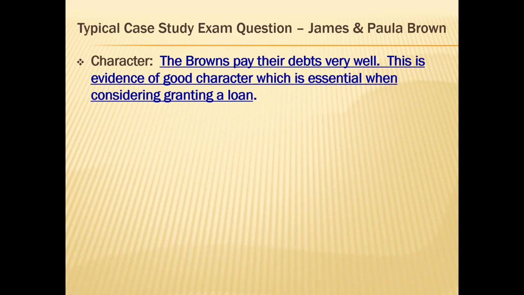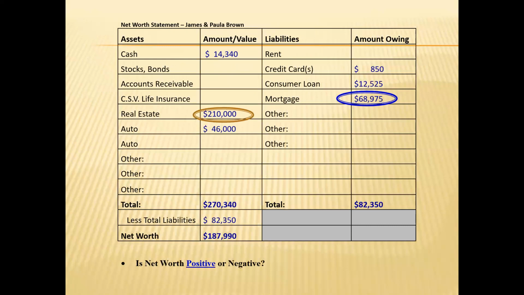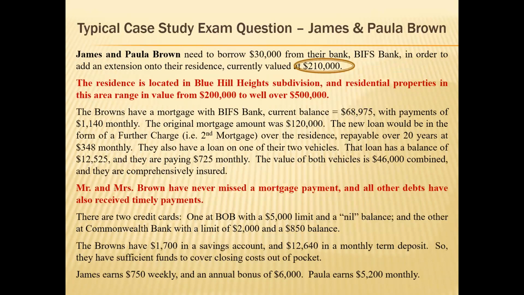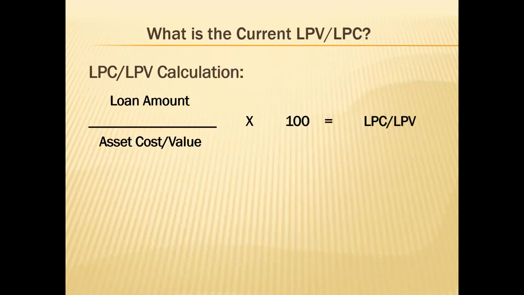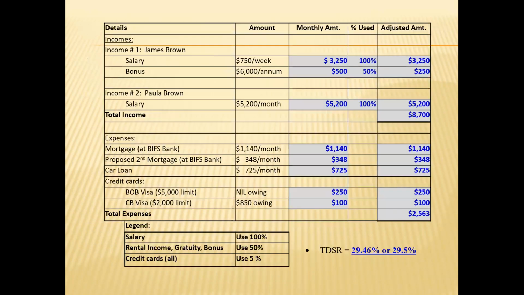Okay, good. What about capacity? Let me see if I can find that. Okay, what about capacity? So from their debt service ratio, they have the resources to pay.